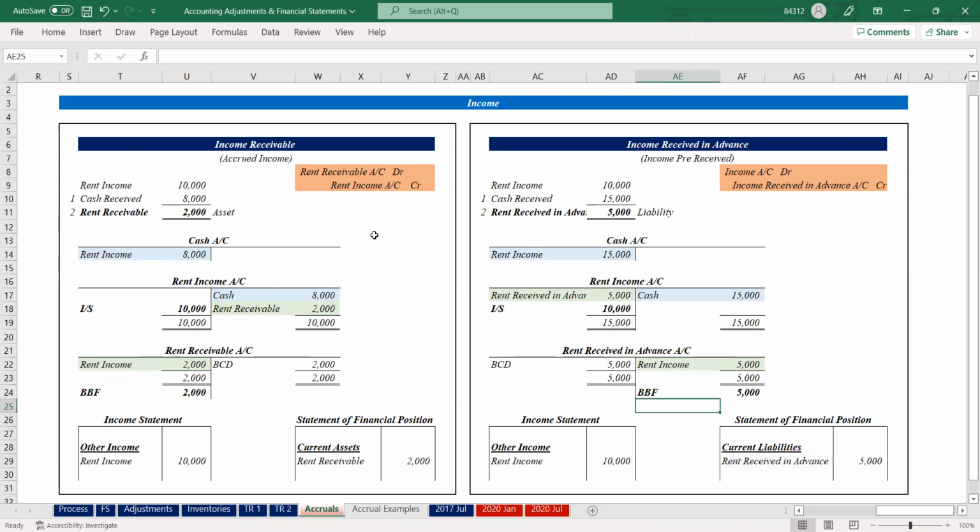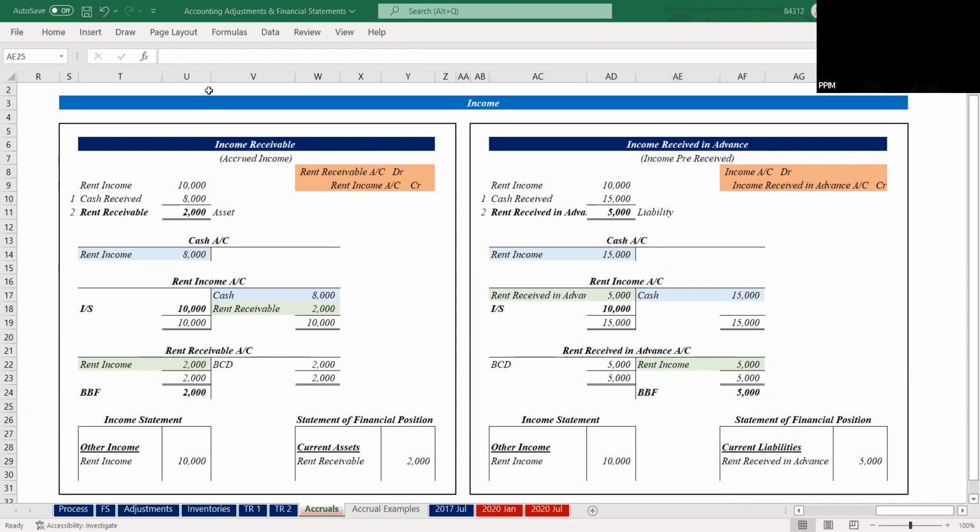Okay, so complete this. Tomorrow we can discuss some past paper questions related to preparation of financial statements. Any questions? Is it clear?